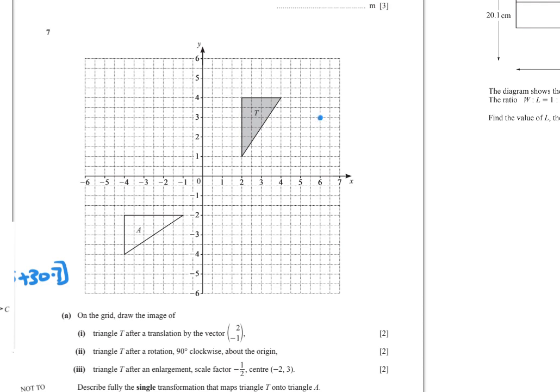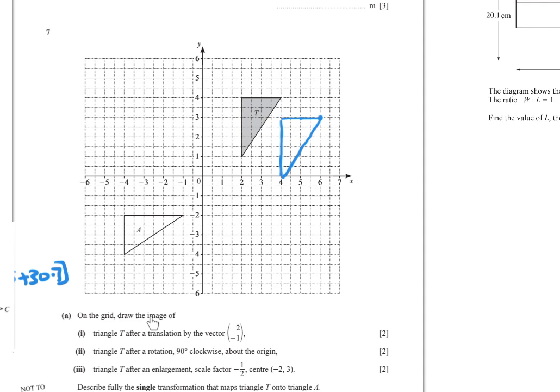Now you can deduce the rest, because this side is 2, so 2 to the left, and this side is 3, so 3 down. Then join them.